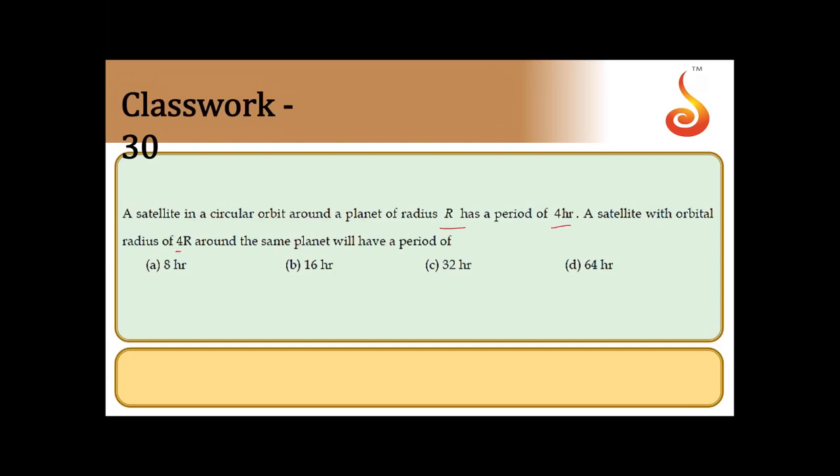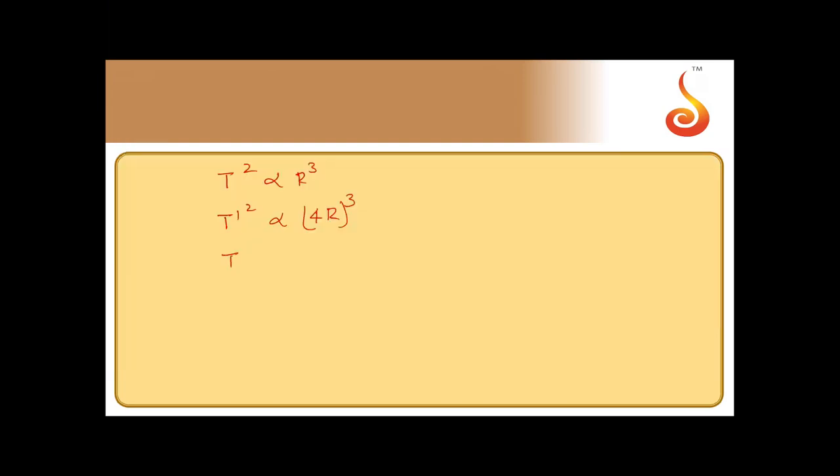Second one is 4r. So t dash by t whole square is equal to 4r whole cube, so that is 4 cube, 64.